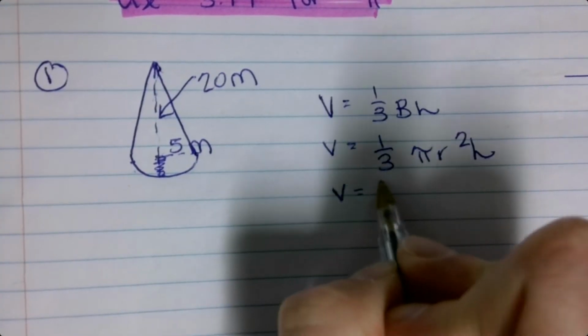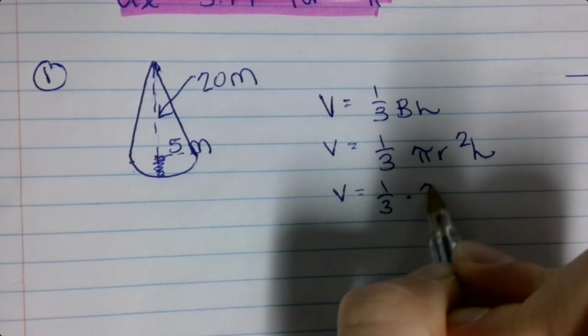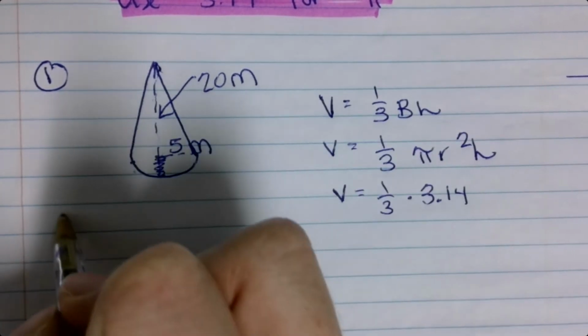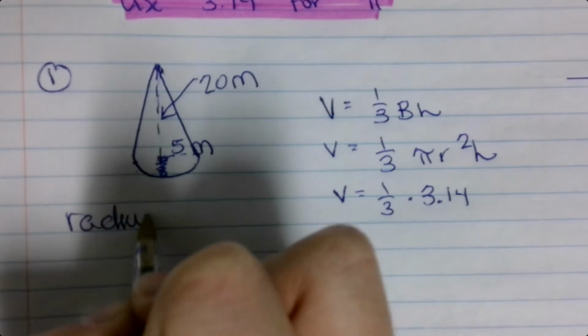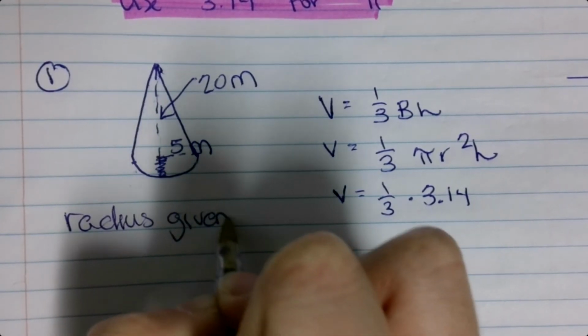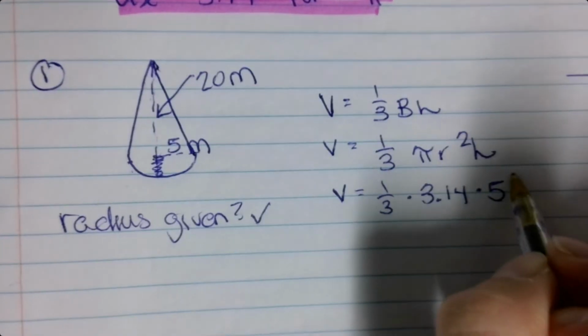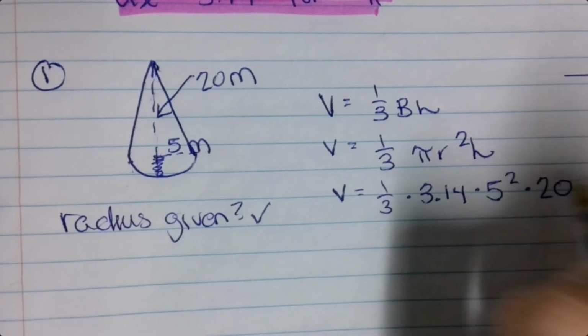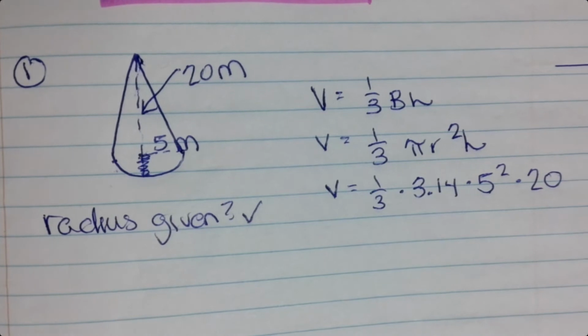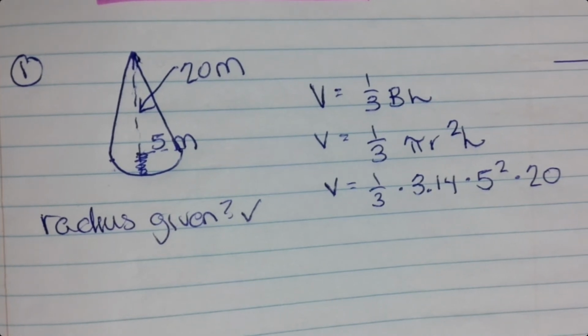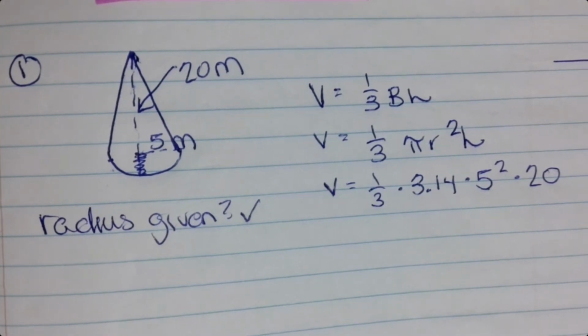We go with 1/3 times 3.14. We think about, is our radius given? It is, in fact, so this is going to be times 5 squared and times 20. So you can do this one of two ways.